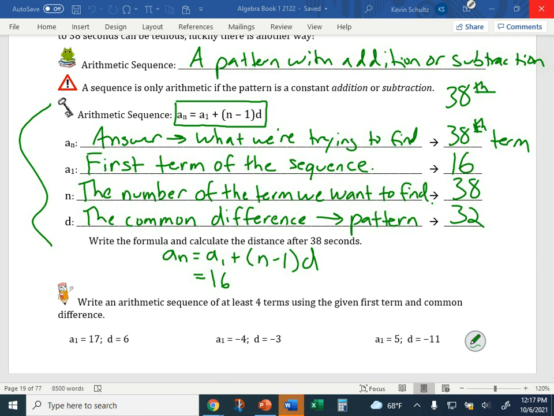And then to that 16, we're adding the number of the term we want to find, the 38th. That's our n. And we subtract 1. Why do you suppose we subtract 1 from 38? Which really ends up being 37 here. Right? Because that common difference being 32, we're going to multiply this by 32. Why do you suppose we ultimately take 37 times 32 and not 38 times 32?